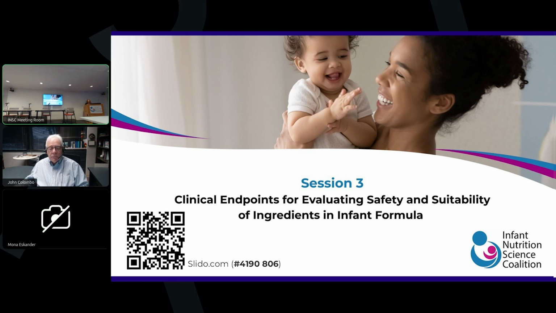For our 3rd session today, we are evaluating clinical endpoints. We're looking to see if we can expand on our understanding of clinical endpoints for safety investigations for ingredients. This is a nice extension of yesterday's session. Yesterday we heard this great summary from OSU. First, how do we choose ingredients for inclusion in an infant formula?